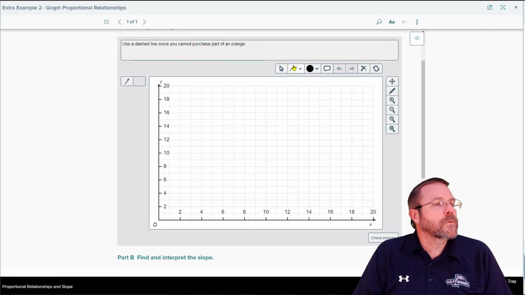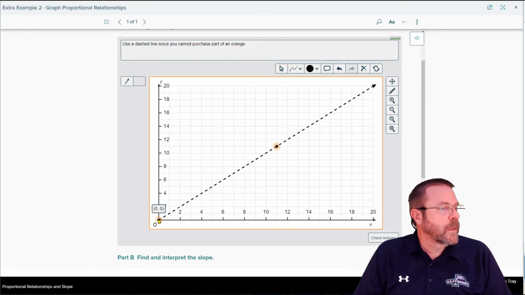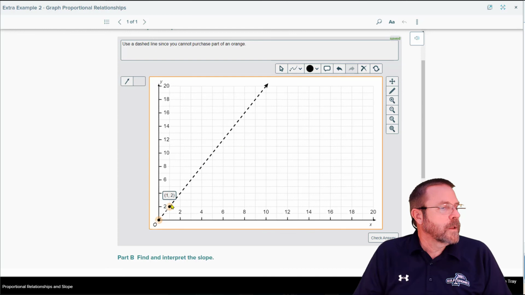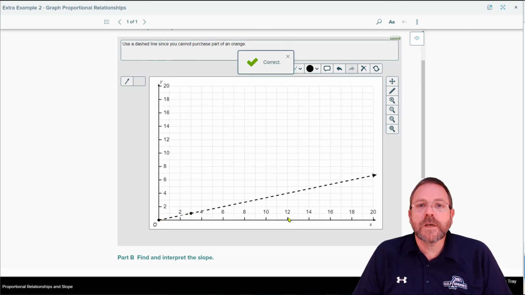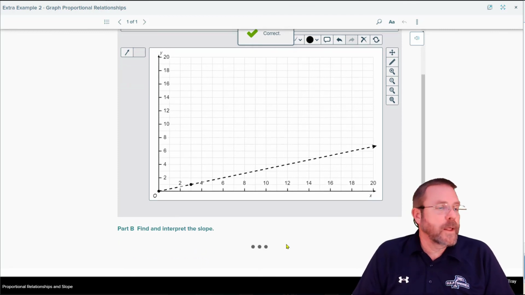Apparently, I don't know how it's supposed to let me put a dot in, but we're going to start at (0, 0). Oh, there we go. And we're going to put another one at (3, 1), which is going to be there, and then you're going to have (6, 2), and so on. Check our answer, and the answer checks. That's going to be the graph of the line.